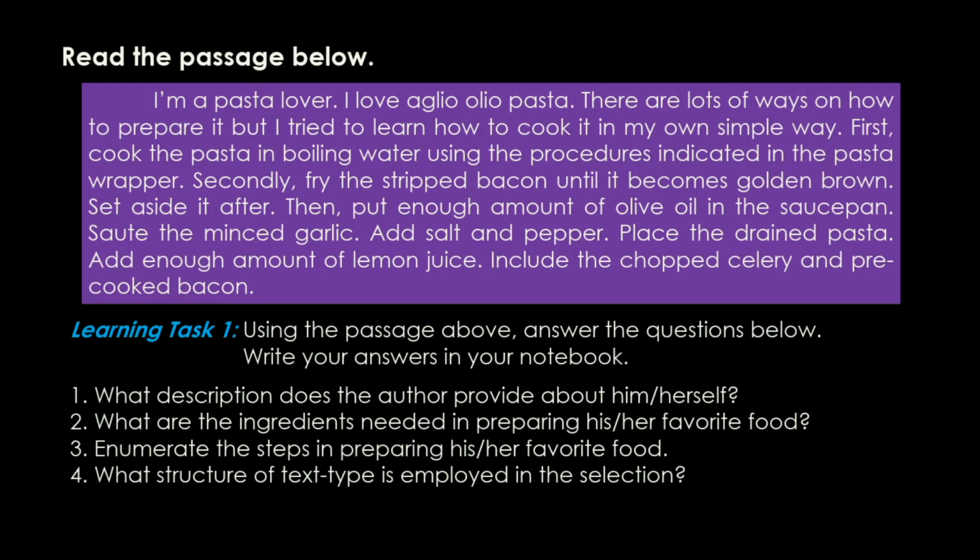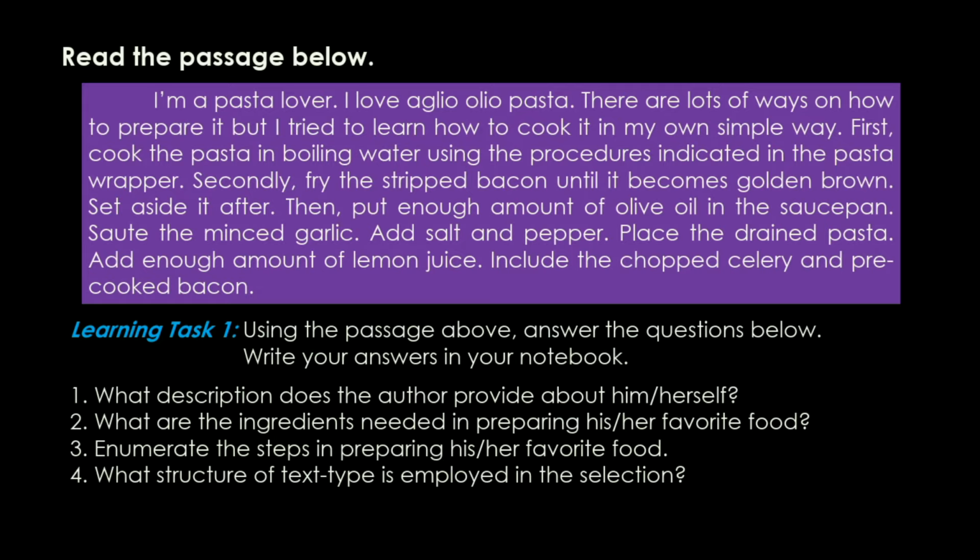I'm a pasta lover. I love aglio olio pasta. There are lots of ways on how to prepare it, but I tried to learn how to cook it in my own simple way. First, cook the pasta in boiling water using the procedures indicated in the pasta wrapper. Secondly, fry the stripped bacon until it becomes golden brown.